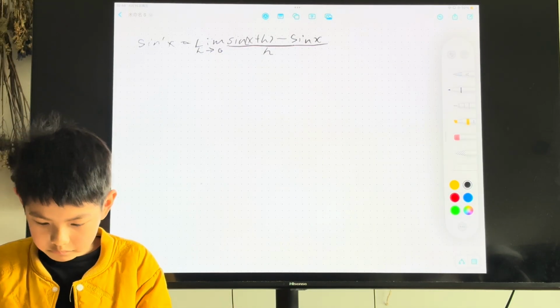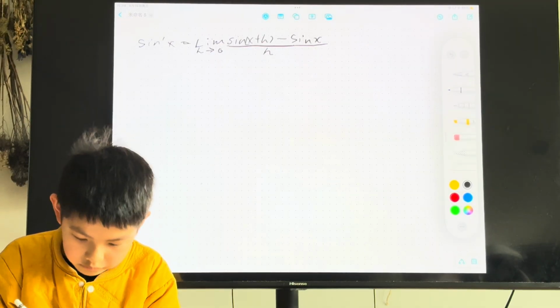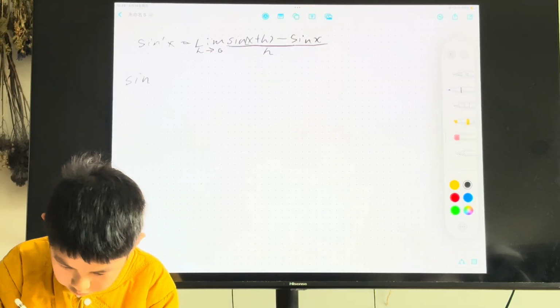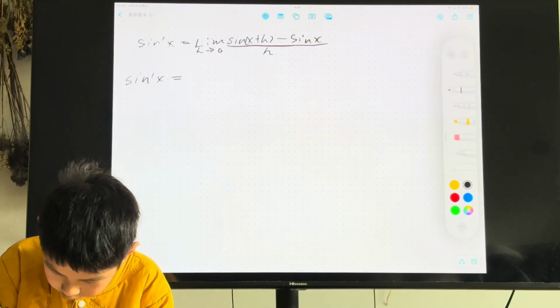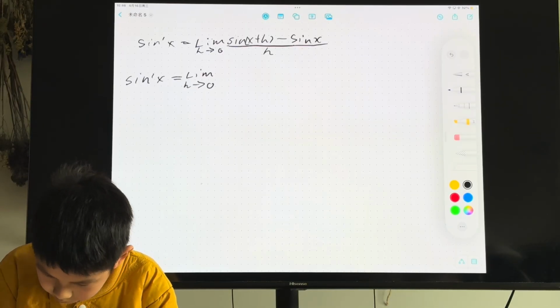And we can also simplify this. We need to expand. Use what to expand?